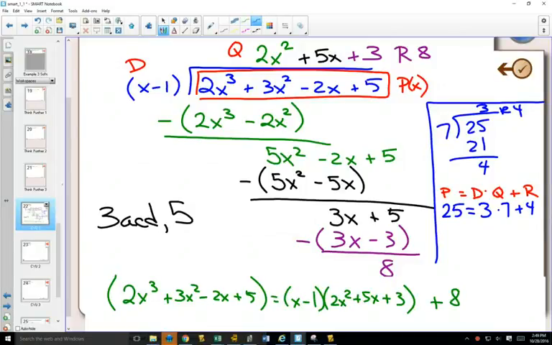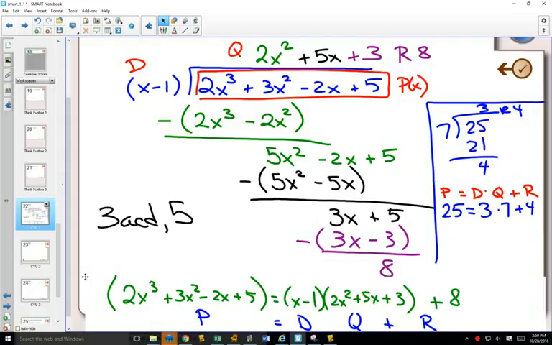So this is our polynomial, dq plus our remainder. And if you ever want to check to make sure that your answer is right, you could multiply this side out, and it should match with what your polynomial was originally.